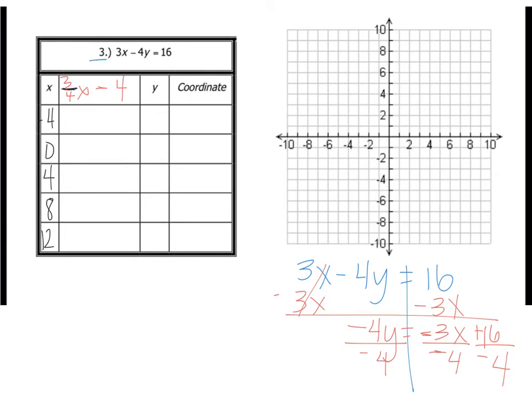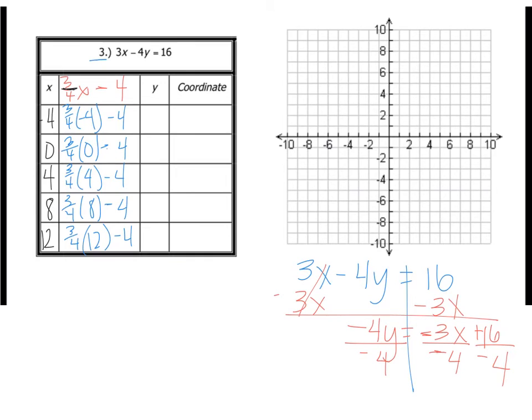So now I have 3/4 times -4 minus 4, 3/4 times 0 minus 4, 3/4 times 4 minus 4, and 3/4 times 8 minus 4, and finally 3/4 times 12 minus 4.